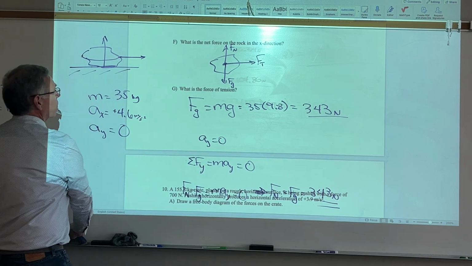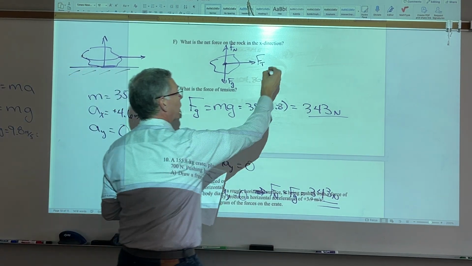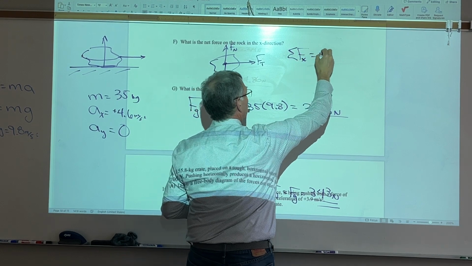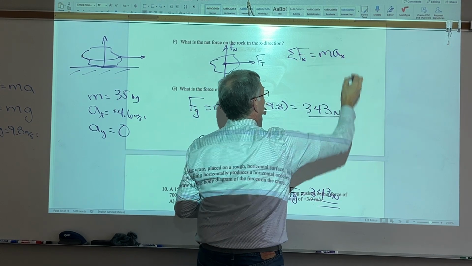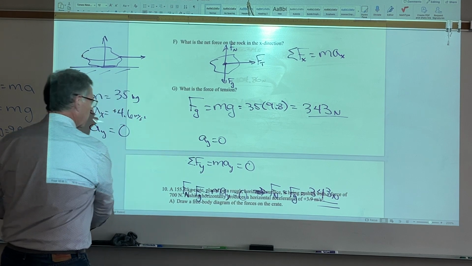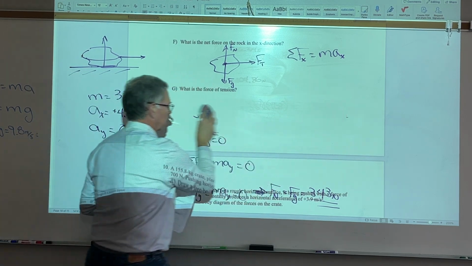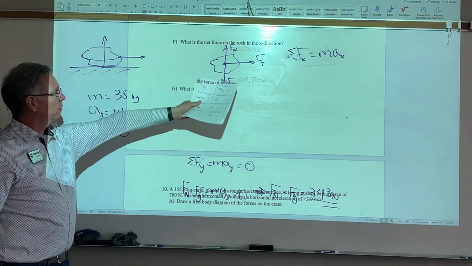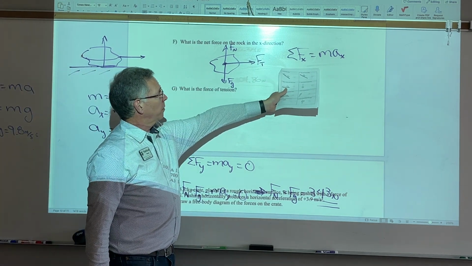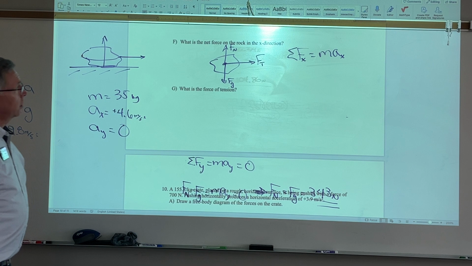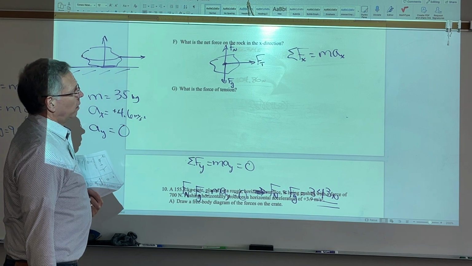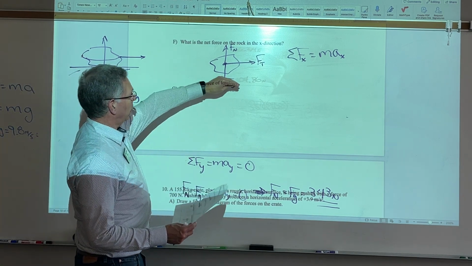Okay, so letter F. What is the net force in the x direction? So the sum of the forces in the x direction equals mass times acceleration in the x direction. Okay, the only force acting is tension.